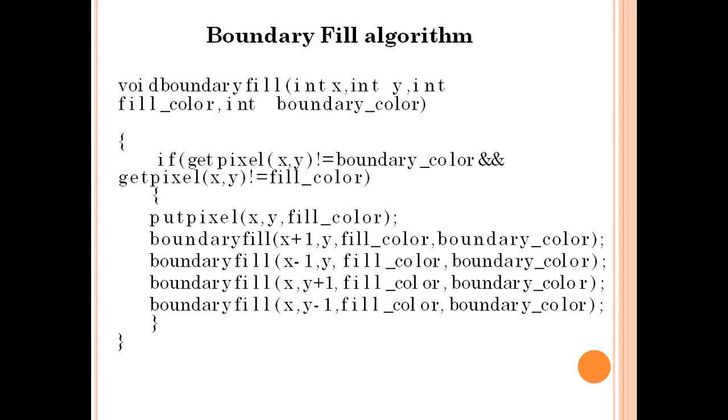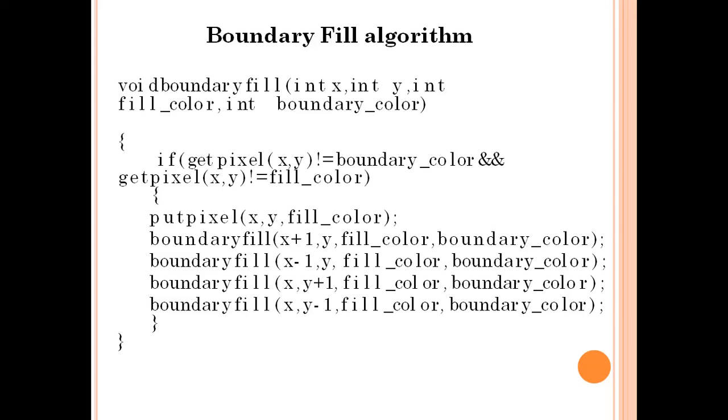We are considering that the seed pixel has 4 neighbors or 4 directions: left, right, top and bottom, and for every direction we are again calling the boundary fill algorithm. So the basic assumption is that every pixel has a neighbor pixel in 4 directions, and because of that we are calling this algorithm recursively 4 times.